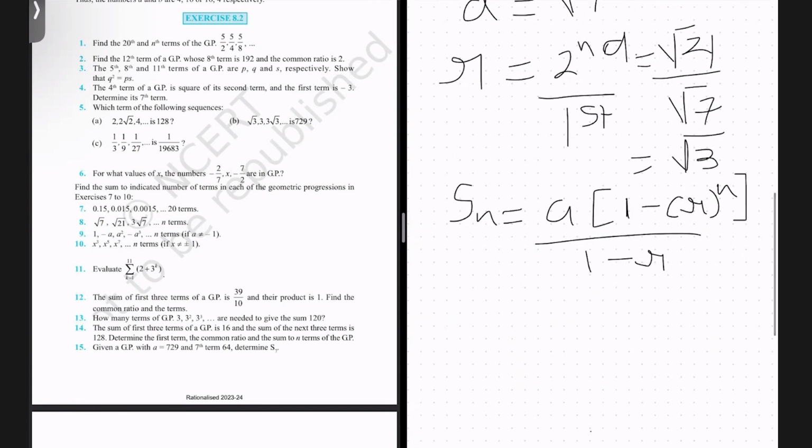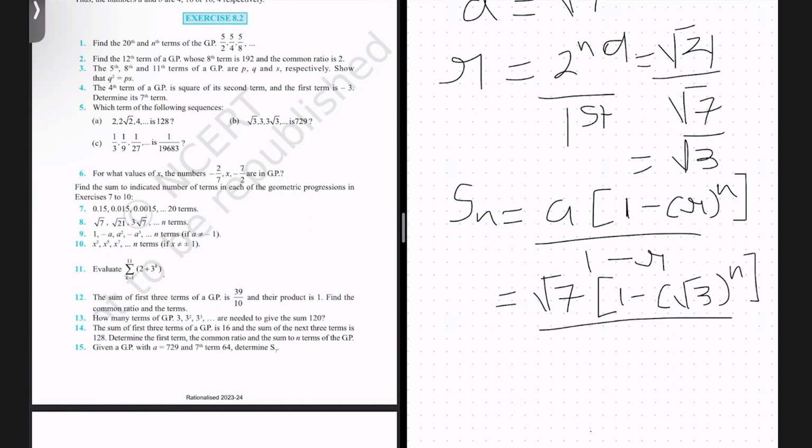For the first term of the GP we have root 7, right? The common ratio is nothing but r, and let us write the values of r now. We have the common ratio as root 3 raised to the power n, and in the denominator we have 1 minus r, and r is again nothing but root 3, so 1 minus root 3.